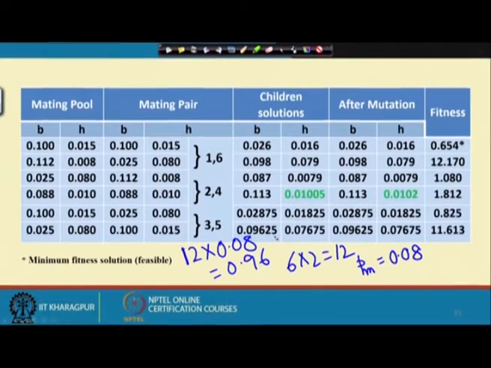So, to implement that, you will have to try with each of these numerical values whether it is going to participate in mutation or not. I can use the random number generator for that. If the random number generator generates a number lying between 0 and 0.08, it is a success.